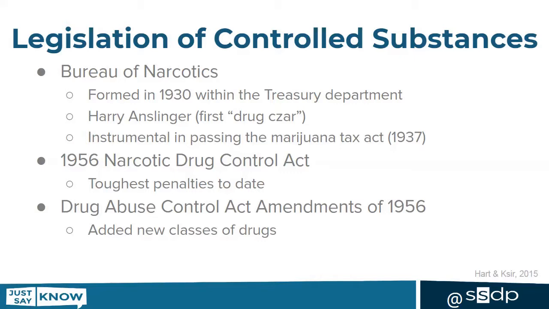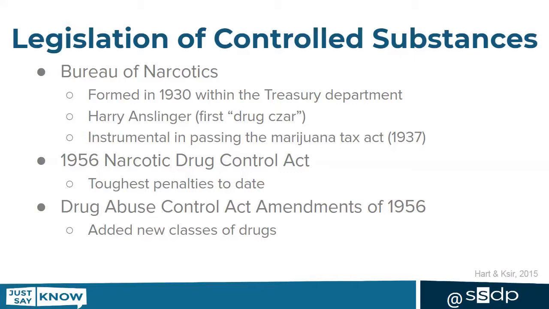So the Drug Abuse Control Act Amendments of 1956 basically led to any offense except a first offense possession resulting in jail time, no suspension, no probation, no parole. If you're caught selling to a minor, you could get the death penalty.